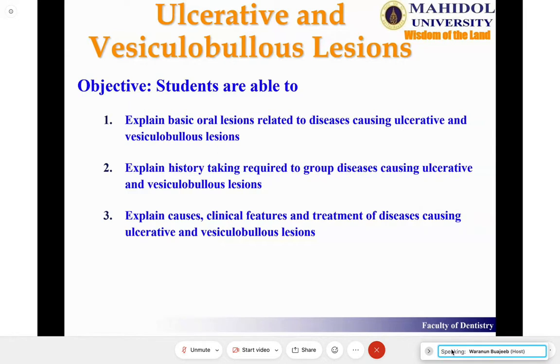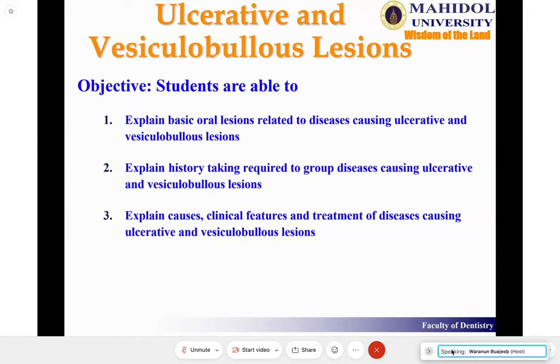And apart from that, if you see patients with this type of lesions, you should be able to take the history necessary for including all the information that you need to group all this history into the tentative diagnosis. And with the tentative diagnosis, which you will know about each disease, you should be able to explain the cause of each disease, the clinical features, and proper treatment.